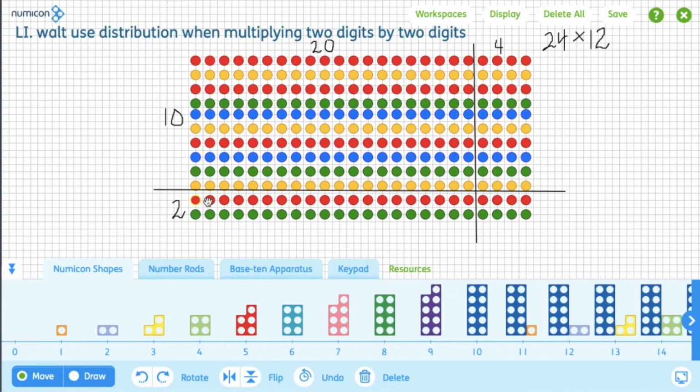I have 20 across the top times 2. And I have 4 across the top times 2. So I have 4 separate sections to my array. And what I can do, just like I did with my single digit times a double digit or a three-digit number, is I can just solve them all separately.